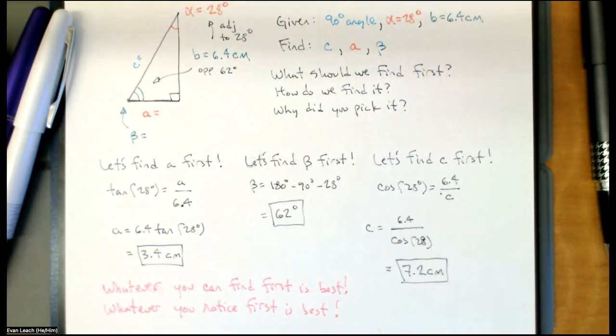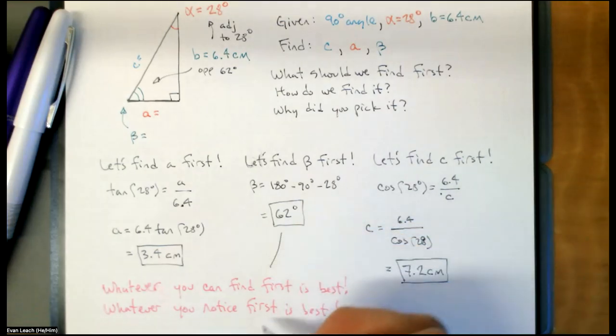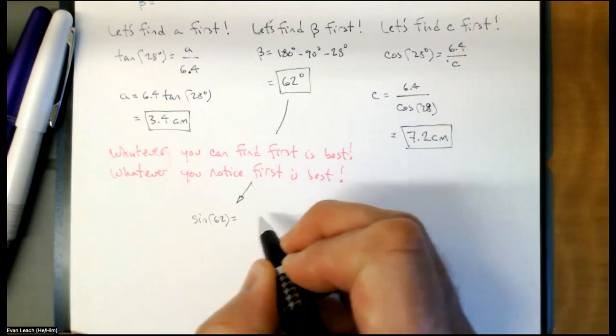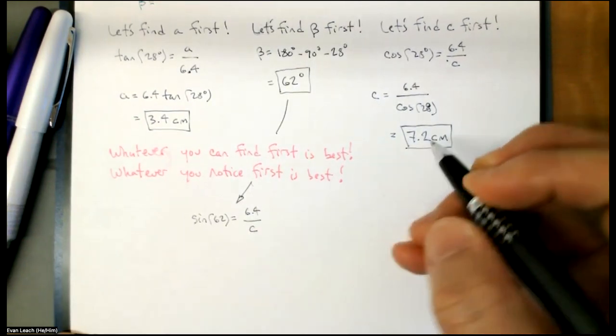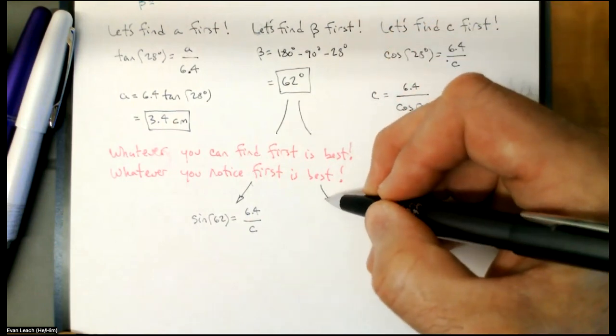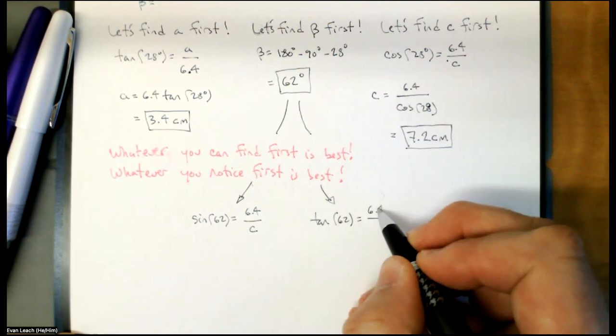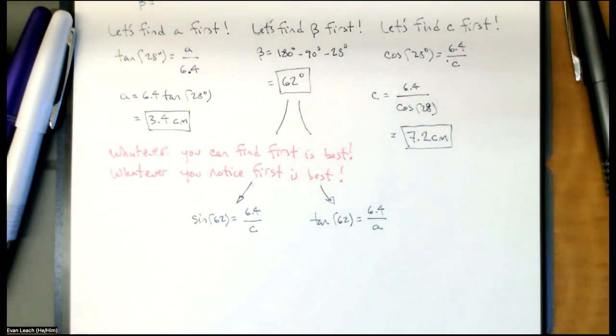So if I wanted to find C now, I would say the sine of 62 is 6.4 over C. Or I could say the tangent of 62 is 6.4 over A. So when we use the words opposite and adjacent, that's always relative to one of the acute angles.